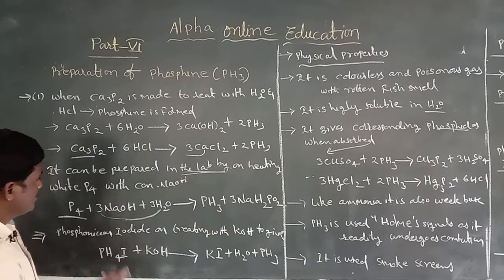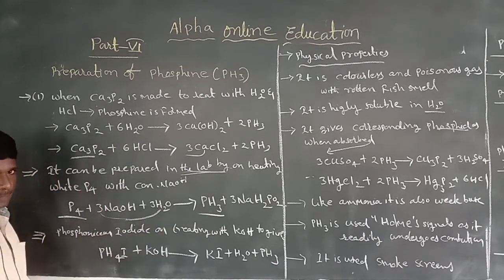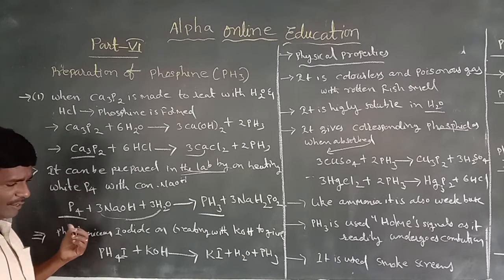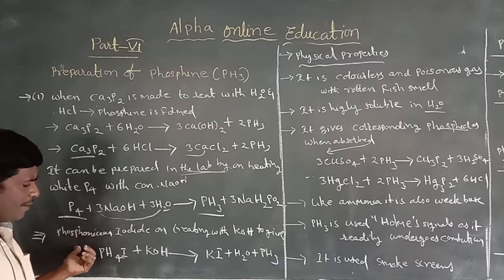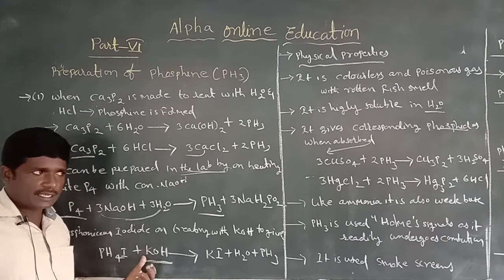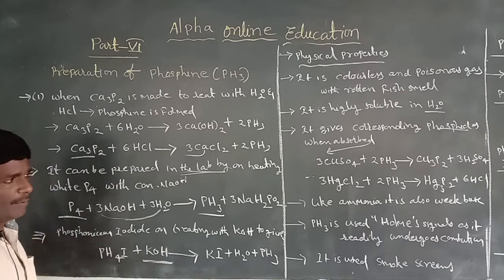That is the second preparation of phosphine. Next, phosphonium iodide is treated with potassium hydroxide, KOH, and phosphine is formed.